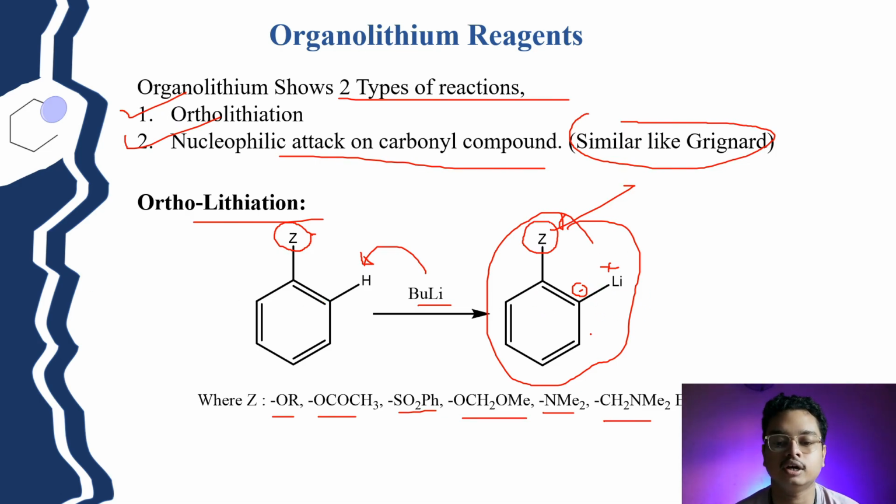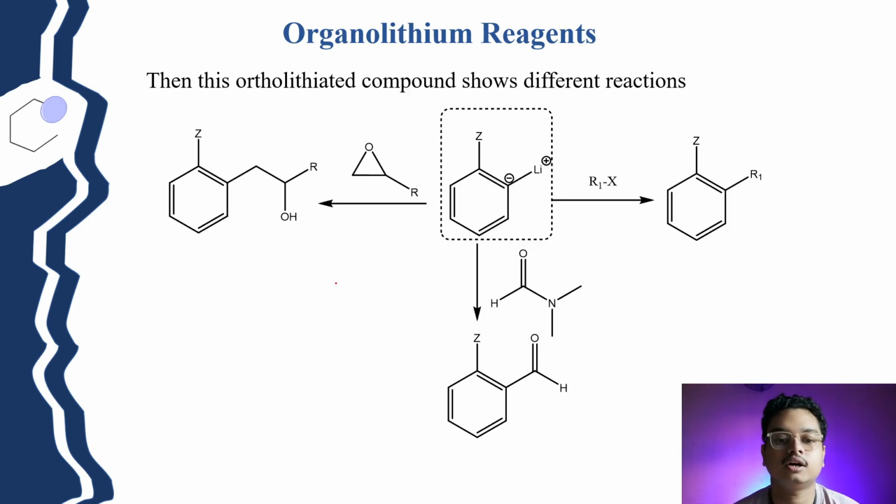This is not the final product, it acts as an intermediate, because it will undergo different kinds of reactions. The ortholithiated compound shows different reactions in the presence of different electrophiles. It will react with another alkyl halide to show a coupling reaction.